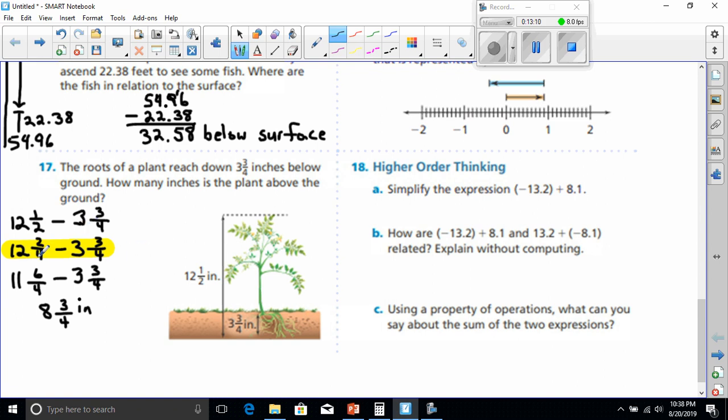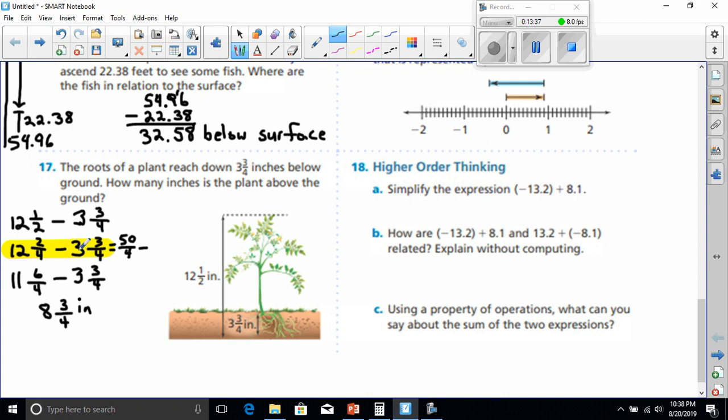First, we're going to have 4 times 12. That's going to make 48. Add 2 more to it. So 48, 49, 50. So this will end up being 50 over 4. And we're going to be subtracting 3 and 3/4.